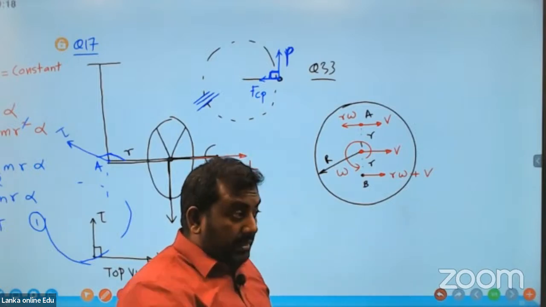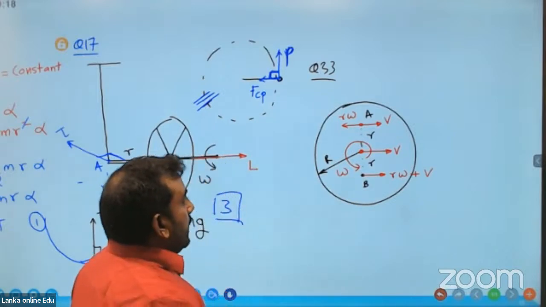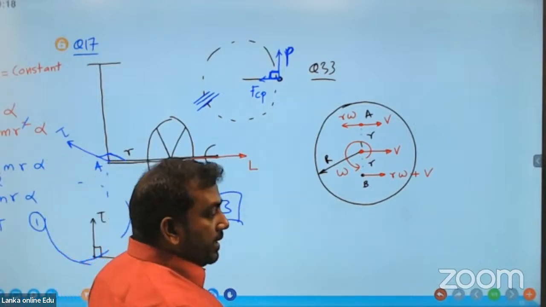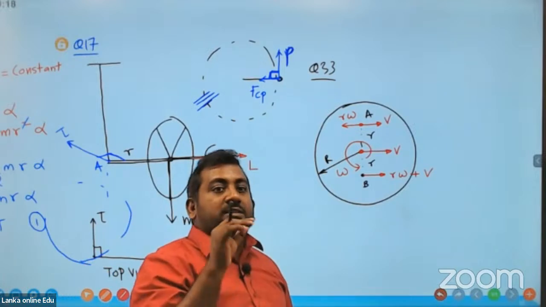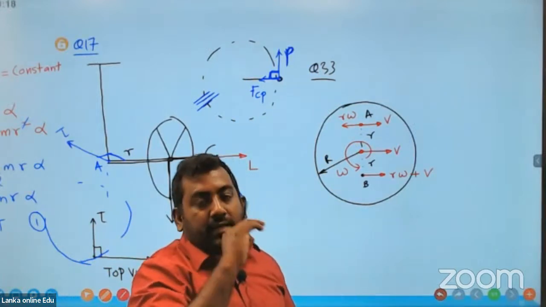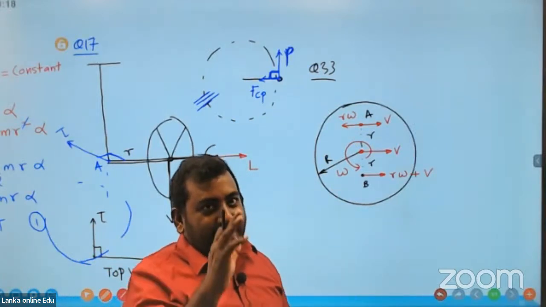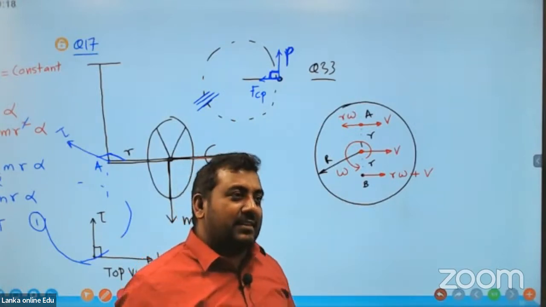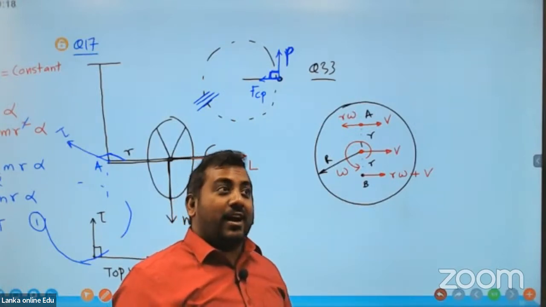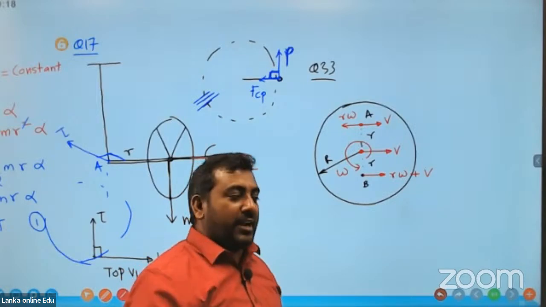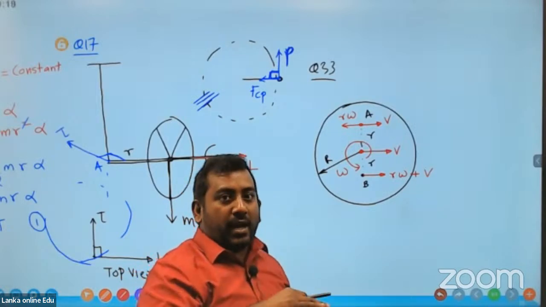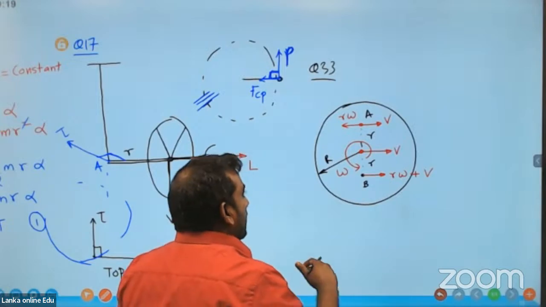You can crack the glass. Some of you all forgot that the vehicle's velocity is also added to the particle. So next time, don't forget those small things. Some of you just thought R omega. But there you go.